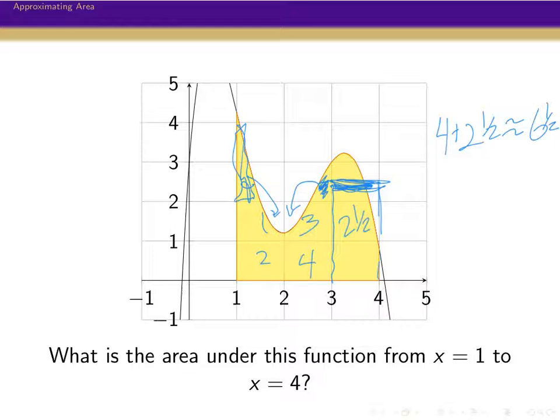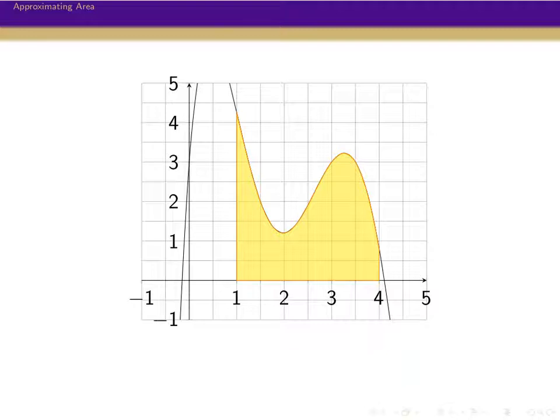Looking at this, the question would be, what could we do to make our estimate better? In this, we're limited by the size of the squares. If we made the squares smaller, it might be easier to get a better estimate. So here's the same graph, the same function. All we did is we increased the number of squares.